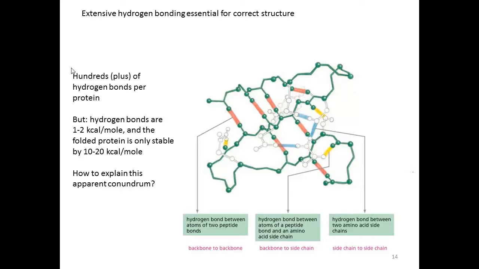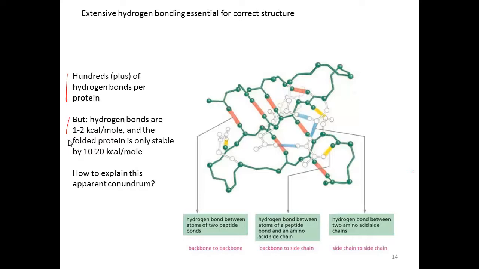In a protein, you have hundreds of hydrogen bonds, and each hydrogen bond has an energetic value of between 1 and 2 kilocalories. That would suggest that folded proteins are potentially stable by 200 or 300 kilocalories. In fact, folded proteins are only stable by about 10 to 20 kilocalories if you look at the energetic difference between the unfolded and the folded form.